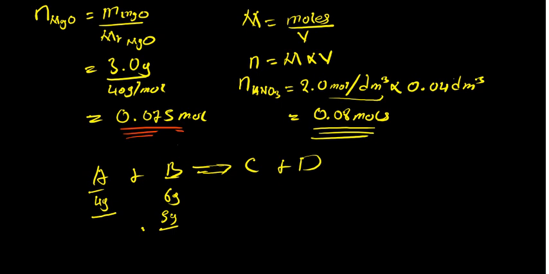Meaning you're going to have a remainder of 1 gram. But what it implies is that the 4 grams of A was limiting, because the whole of 4 grams is used, but the whole of 6 grams is not used. And that is what we want to try to do in this case.